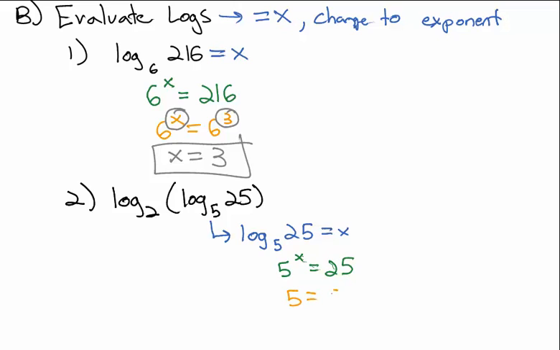And 25 we know is 5 squared. And so the exponents must be equal, x must equal 2. Which means that all this stuff in the parentheses must equal 2. Which means log base 2 of log base 5 of 25 is really saying log base 2 of the answer we just found of 2.